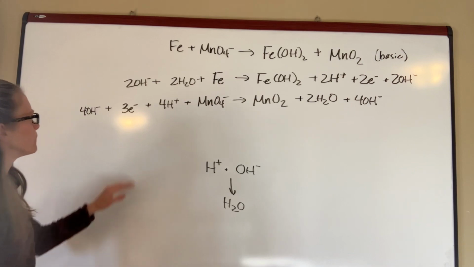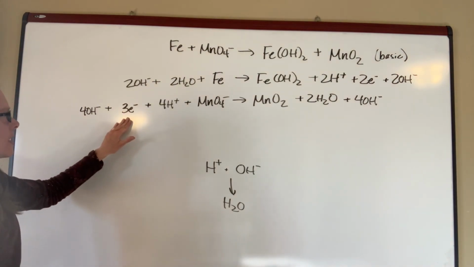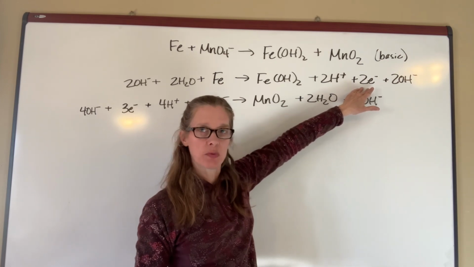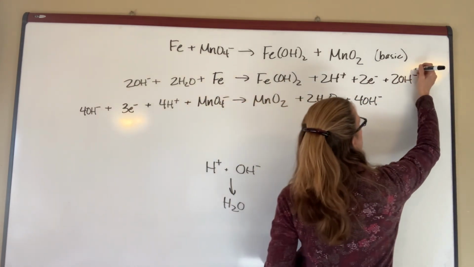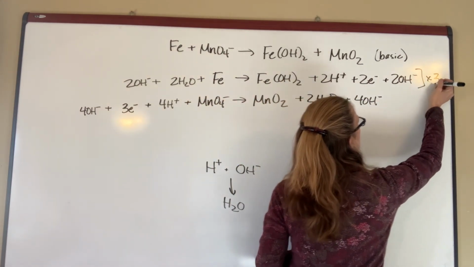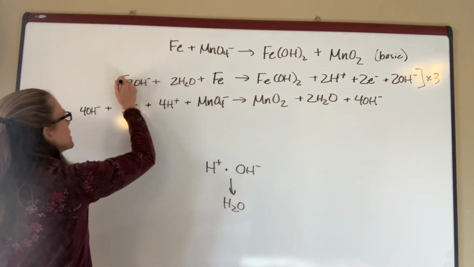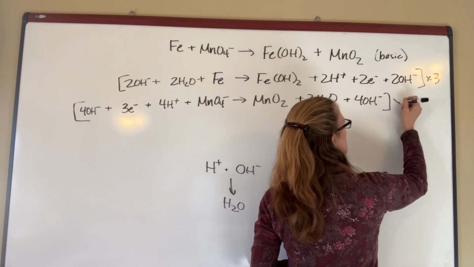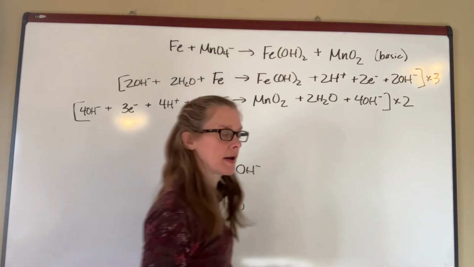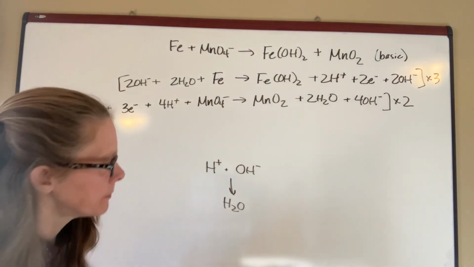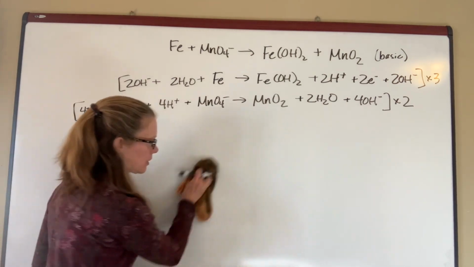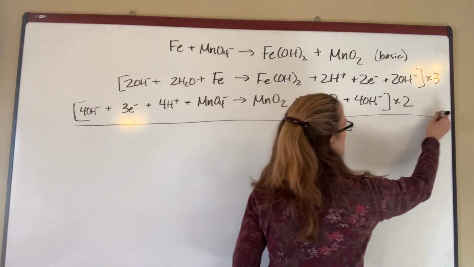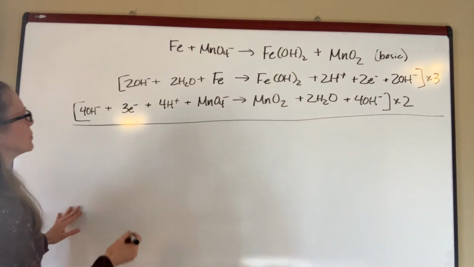All right, so 3 electrons here, 2 electrons here, least common multiple is 6. So that means I'm going to need to take this whole equation and multiply it through by 3. And I'm going to need to take this whole equation and multiply it through by 2. Okay? So, I multiply this through.